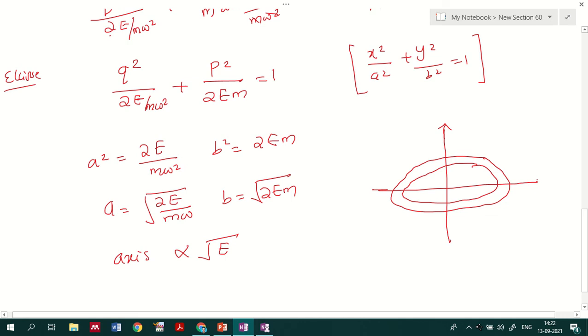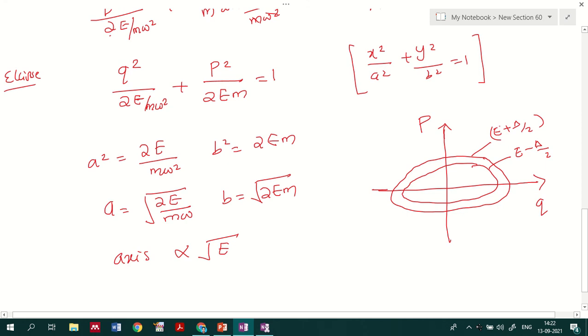We know that a phase space diagram is plotted with respect to momentum and the position coordinate, and we can say the inner one is representing E minus delta by 2, and the outer one is E plus delta by 2, if you apply the microcanonical ensemble case.